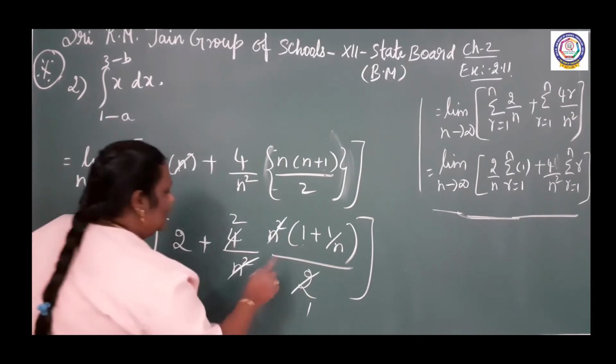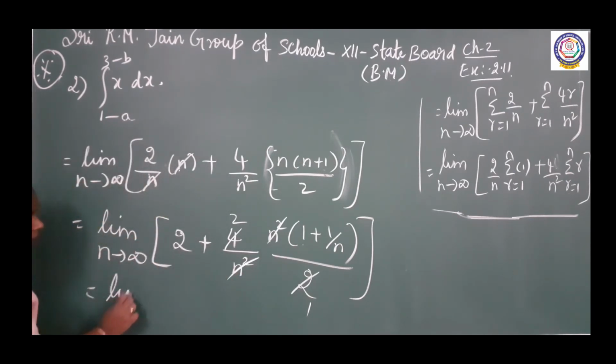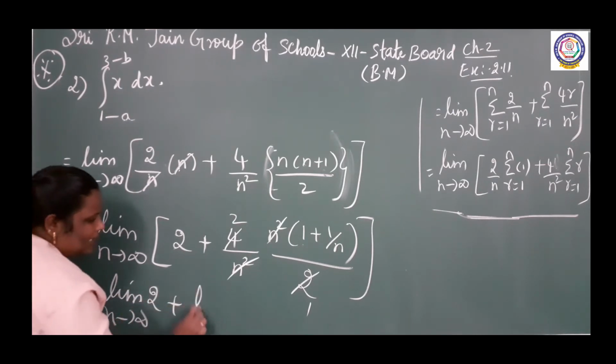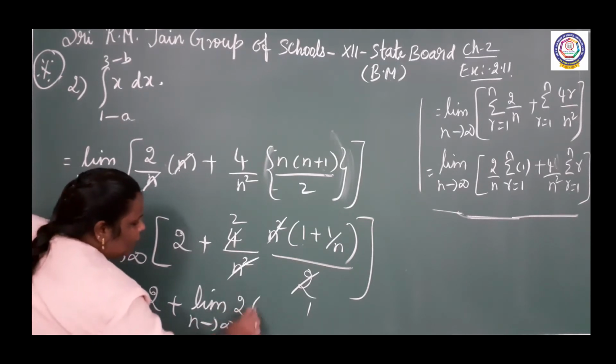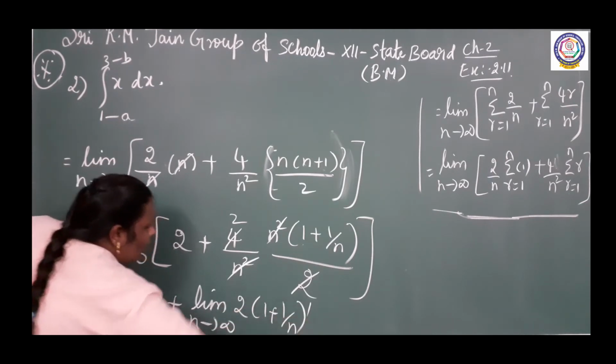I told you very clearly, or you can write it in such a way: limit n tends to infinity of 2 plus limit n tends to infinity of 2 into 1 plus 1 by n.